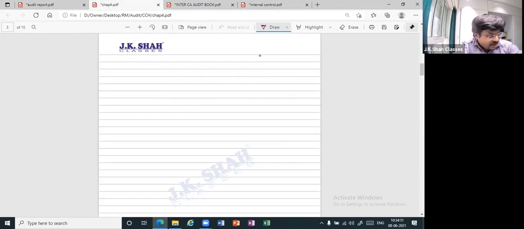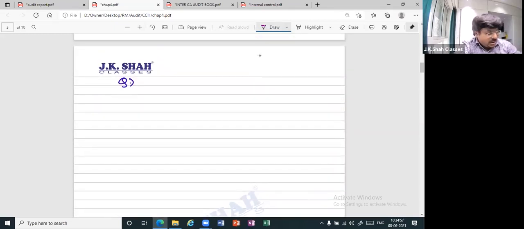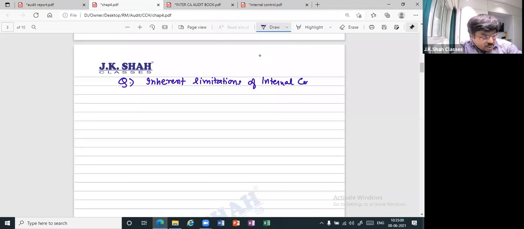Now pay attention. The next question that we have is an important question, comes in the examination for 6 to 8 marks. What are the inherent limitations of internal control? Now be very careful. Don't get confused between inherent limitations of audit and inherent limitations of internal control.